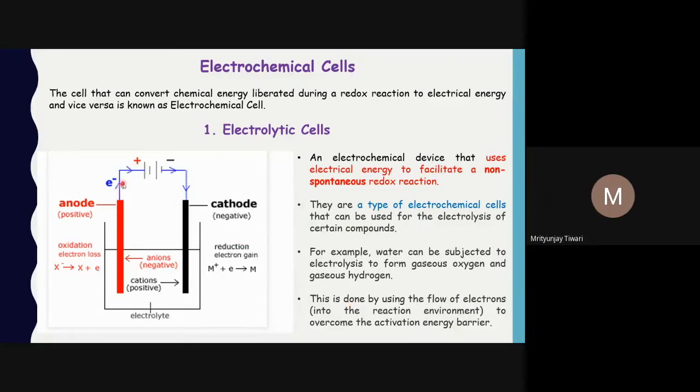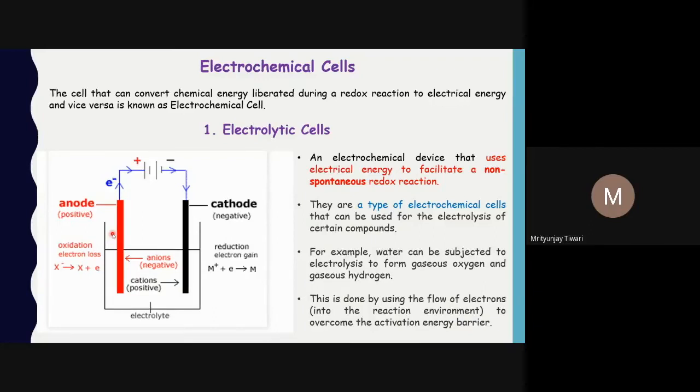Again, this is the electrolyte, and I am going to explain again. Oxidation happens at the anode, as you can see here, shown in the anionic form. This anion gives its electron to form the neutral X plus e, the electron. This electron loss happens at the anode, and that is what we call oxidation.